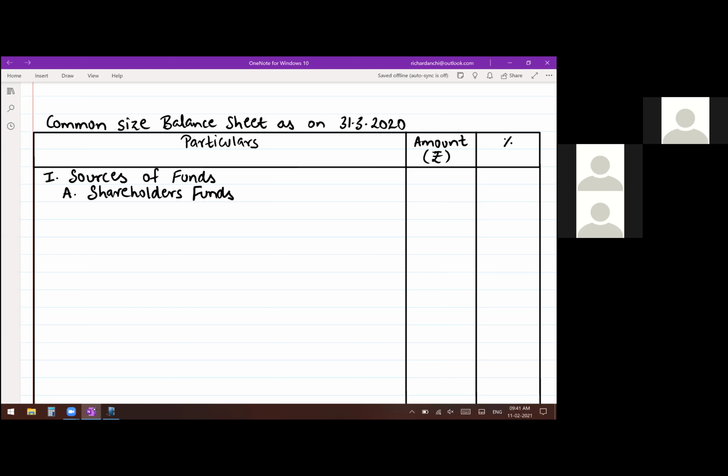Capital in this case will be known as share capital. So write A, share capital, which is of two types, equity shares and preference shares. So take the liability side, the first item there, equity share capital, write down below this. Equity share capital.